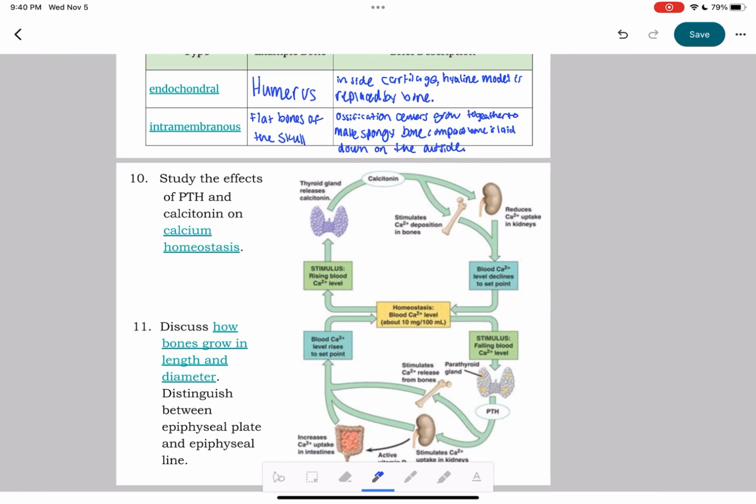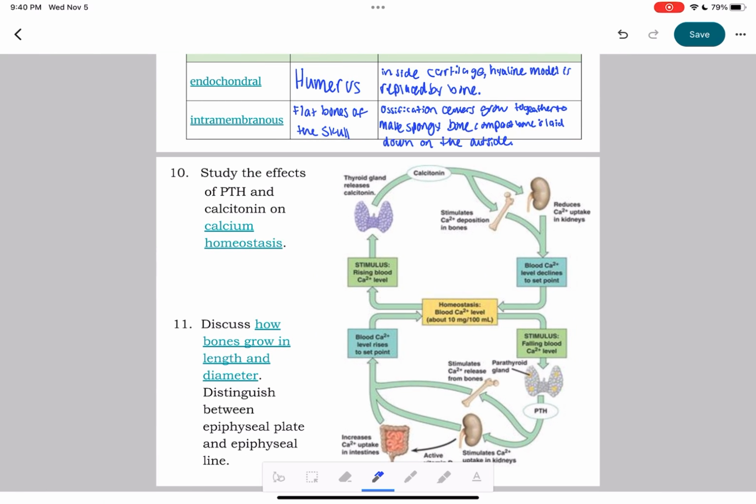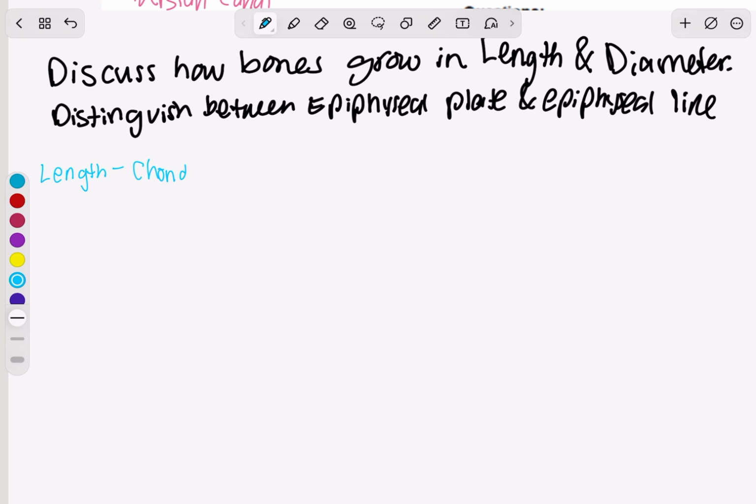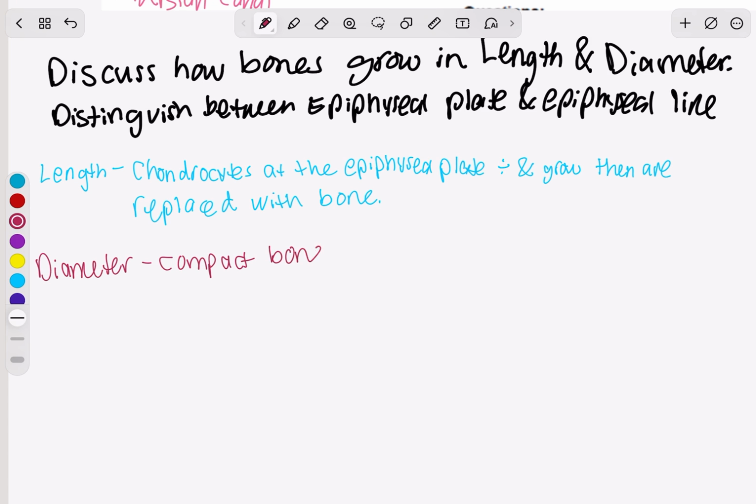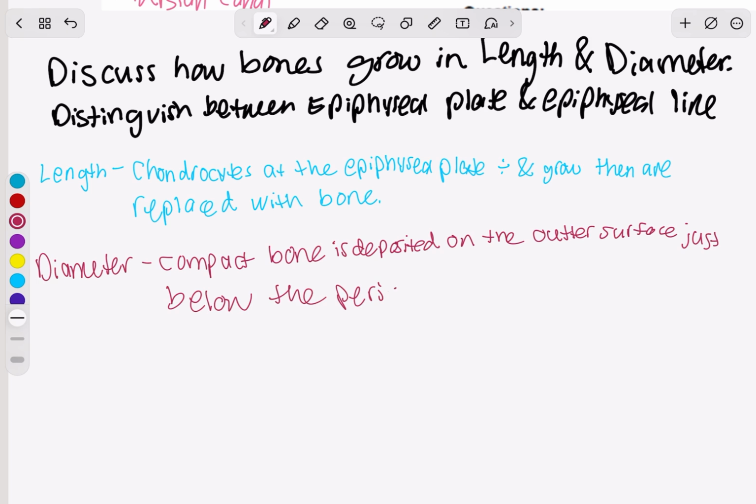Now this is a homeostasis example right here. Bones grow in length because chondrocytes at the epiphyseal plate divide and grow and then are replaced with bone. They grow in diameter because compact bone is deposited on the outer surface just below the periosteum.